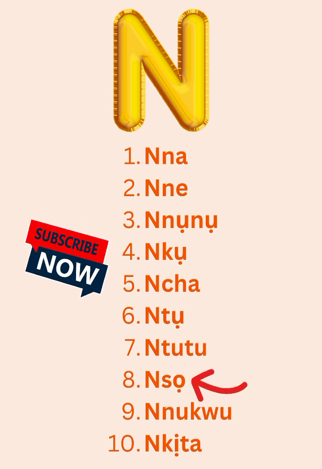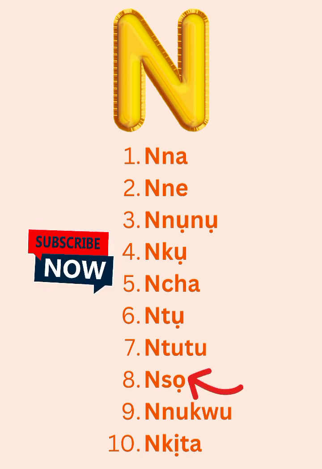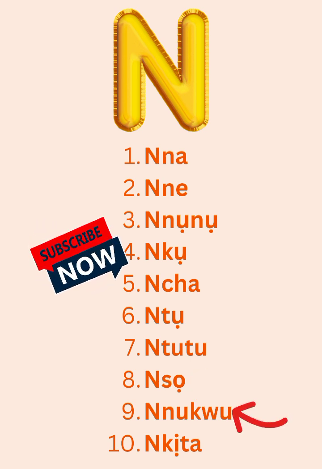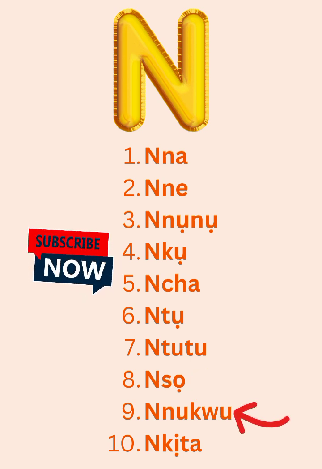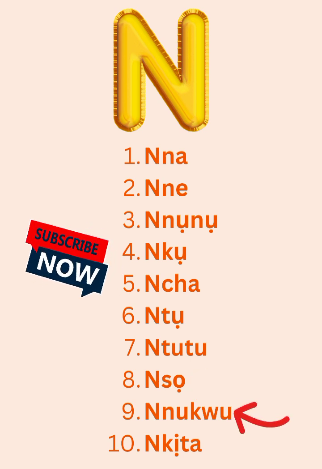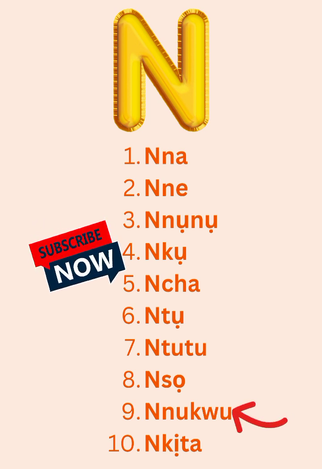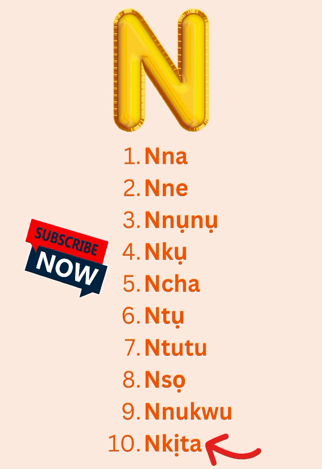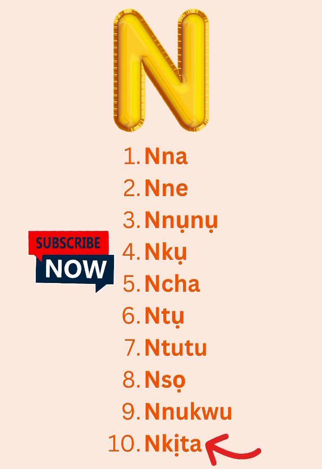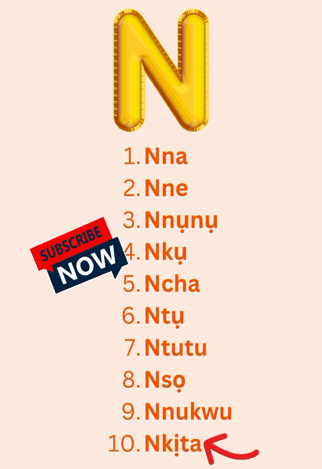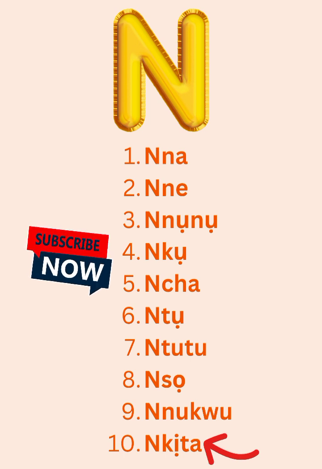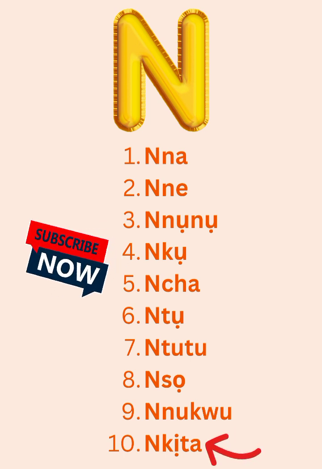Nsọ is holy, something that is holy. The ninth word is nnukwu. That is big. And the last word in the list is nkịta. And nkịta means a dog.